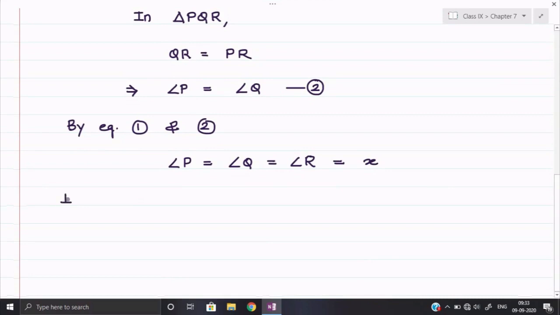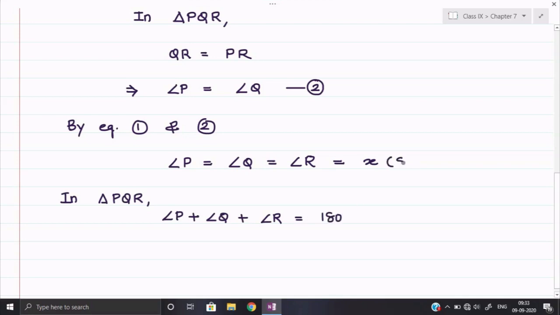So in triangle PQR, we can say that angle P plus angle Q plus angle R is equal to 180 degrees.